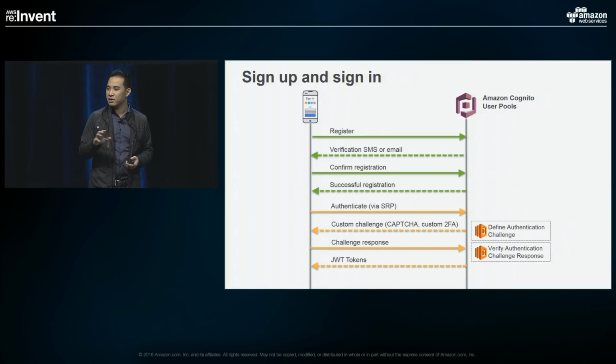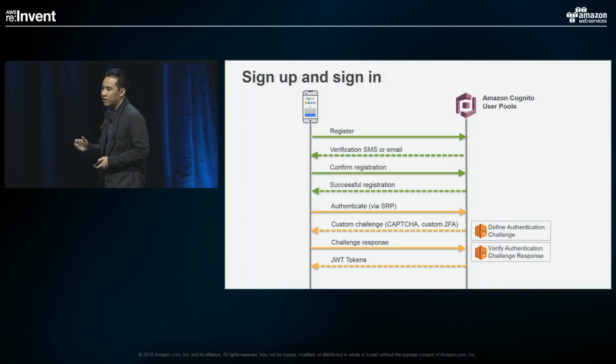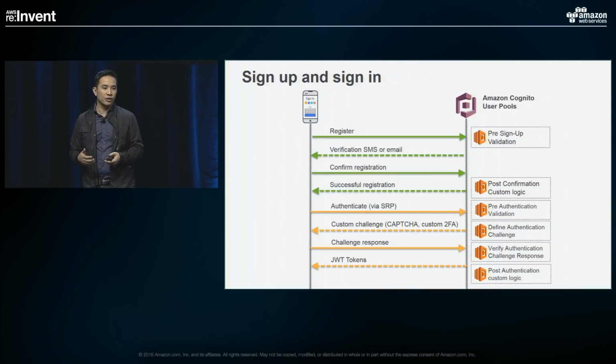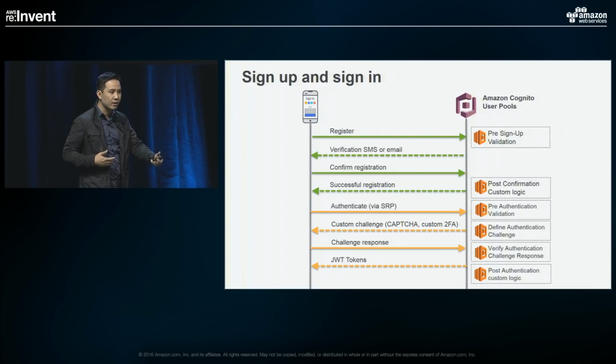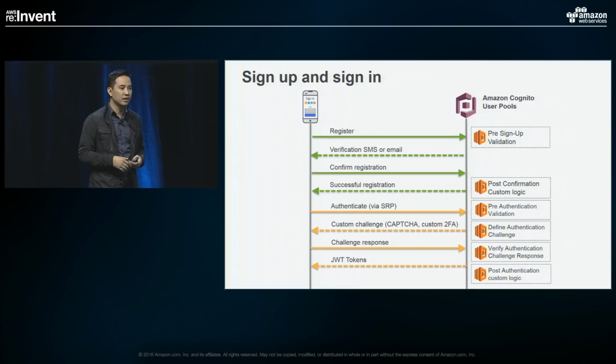So you can use Lambda hooks to customize the behavior of your authentication flows. And actually, at every meaningful part of that interaction with the user, you can provide custom Lambda hooks to customize whether an email is sent out, the messaging, and so on. So that user experience is totally customizable.